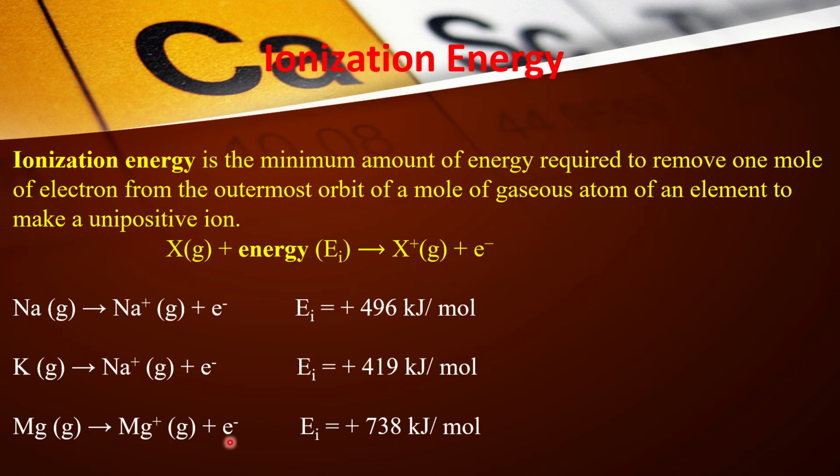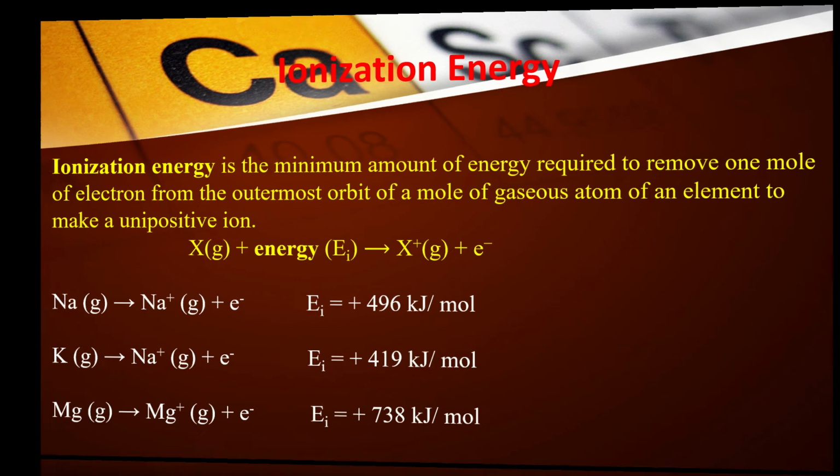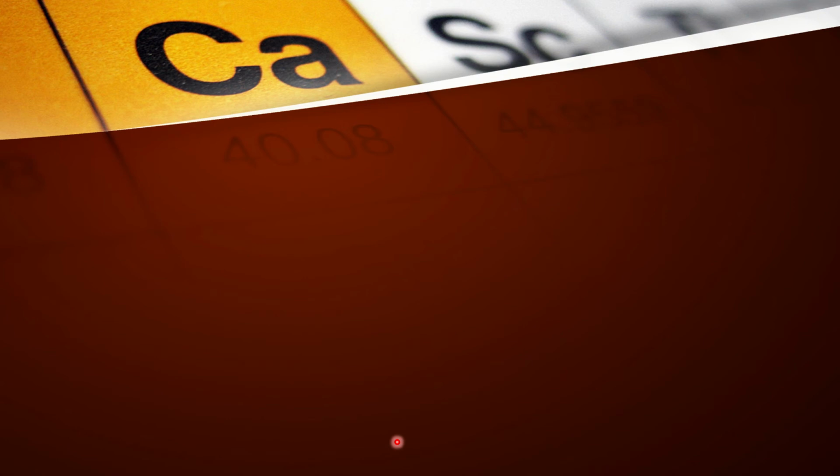And to remove one electron from the gaseous magnesium atom, you need to apply 738 kilojoule energy. So the ionization energy of magnesium is 738 kilojoule per mole. This is ionization energy. Now we will read the change of ionization energy in period and group.